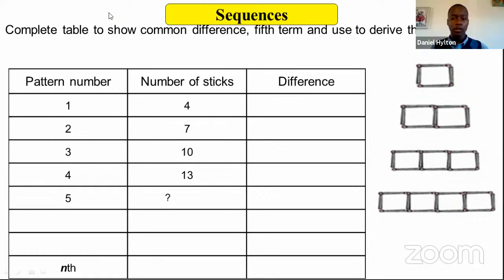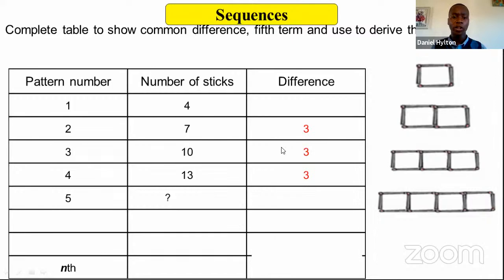Okay, great. So the number of matchsticks in our first term is 4. The number of matchsticks in our second term is 7. The difference of 7 and 4 is 3, right? And that's consistent among the terms. So that would be our common difference right there.